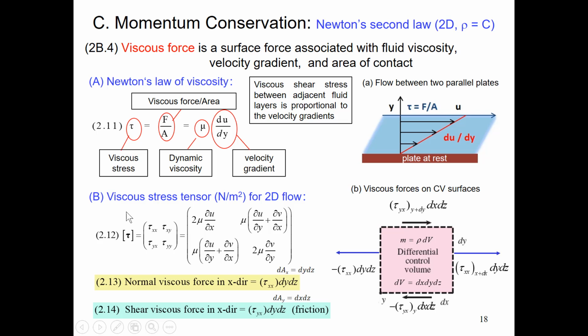2. In general form, the viscous stress is a second order tensor. It has 9 components for 3D flow, and it has 4 components for 2-dimensional flow, with 2 normal viscous stresses and 2 shear viscous stresses, 2 in the x direction, 2 in the y direction.